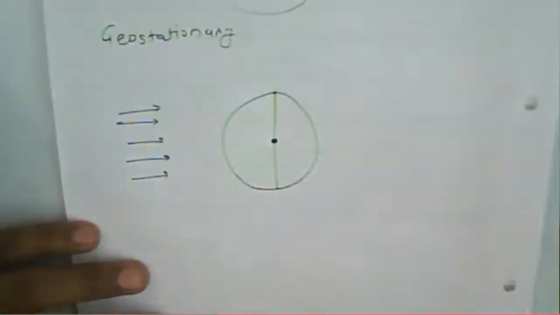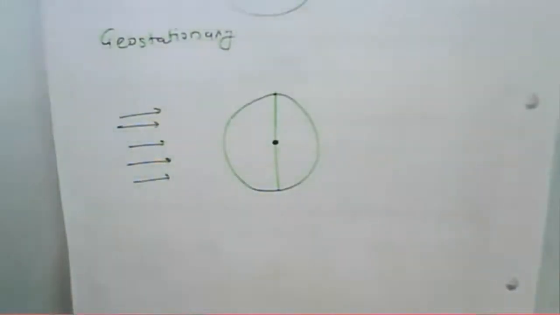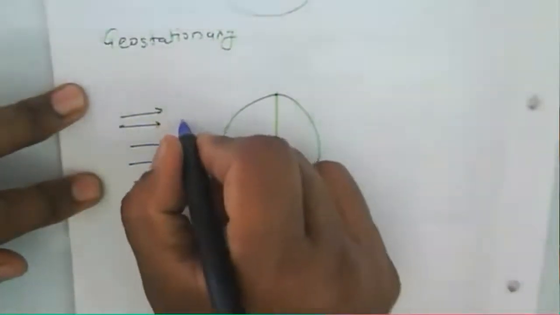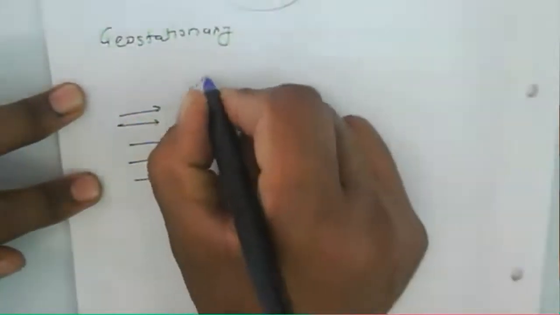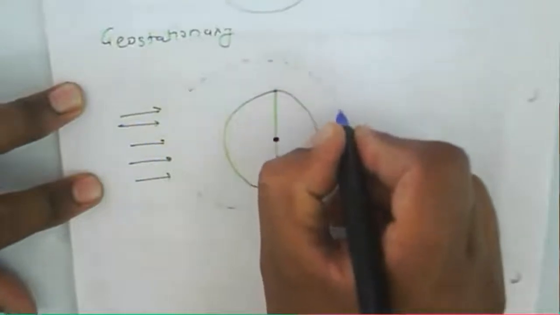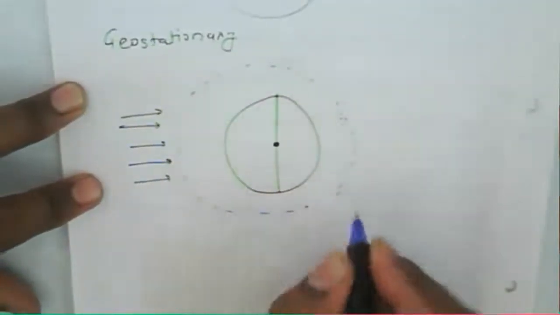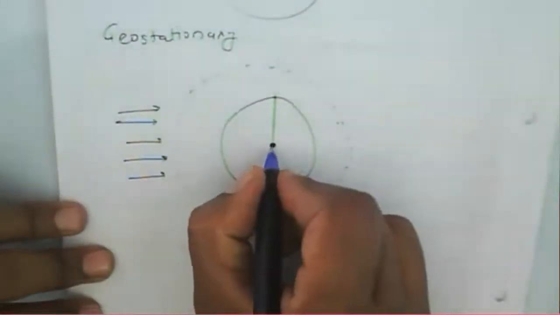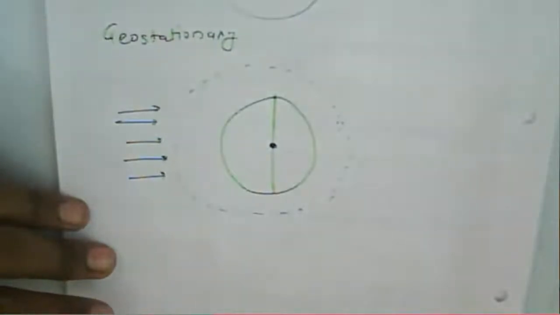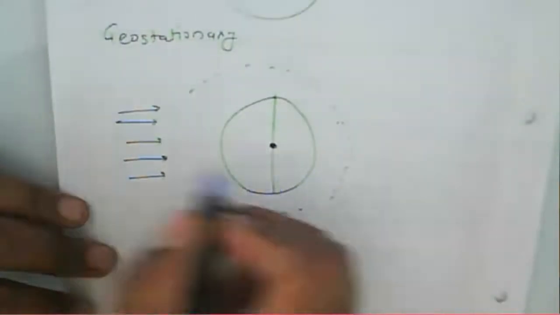Now from this, if you draw, right now we consider the orbit as a circular one. Okay, it is actually an elliptical orbit, but since it is rotating as a geostationary satellite, it looks like a circular one.